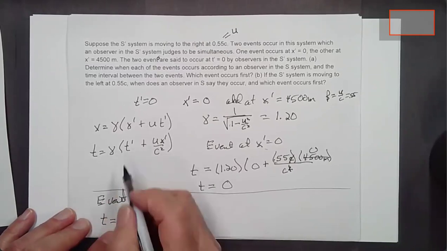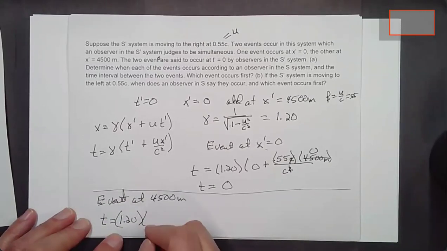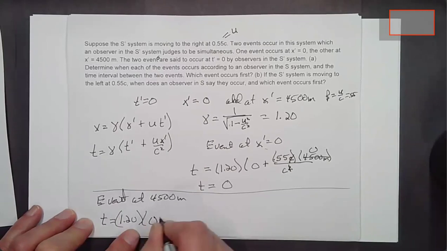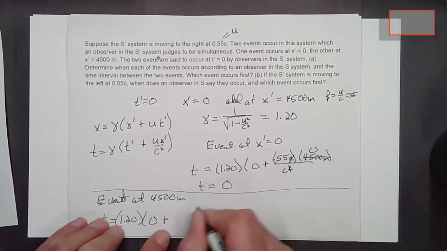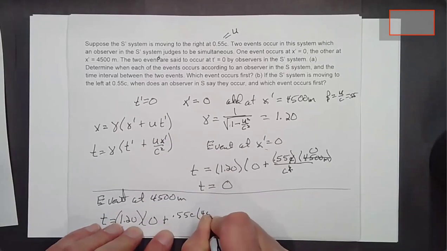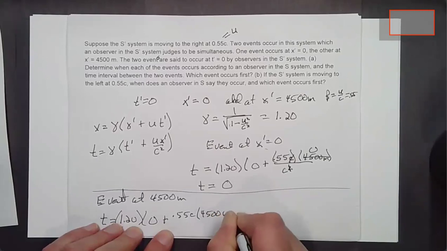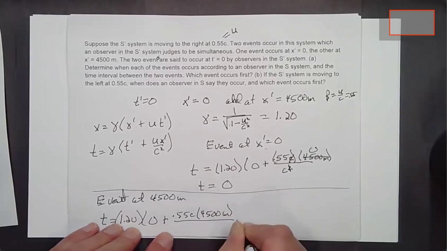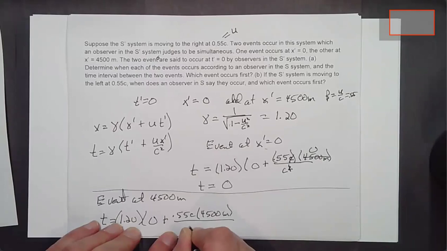That's my gamma. t prime is 0. They said it was simultaneous. And then I'll have 0.55 c for u, 4,500 meters for x prime, and c squared.